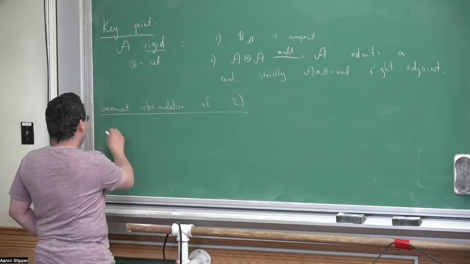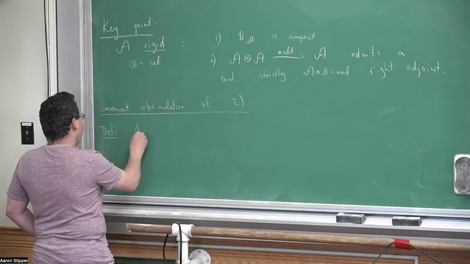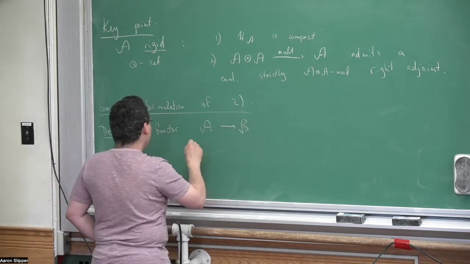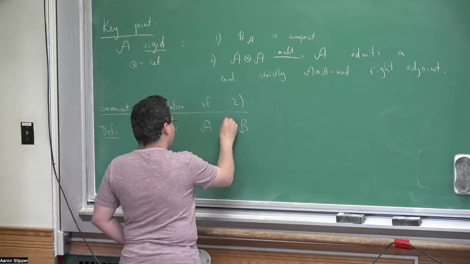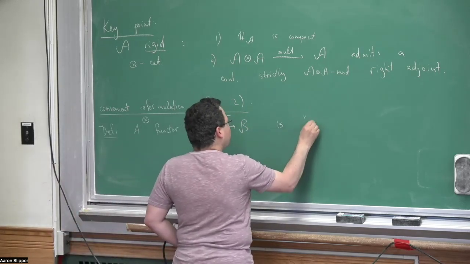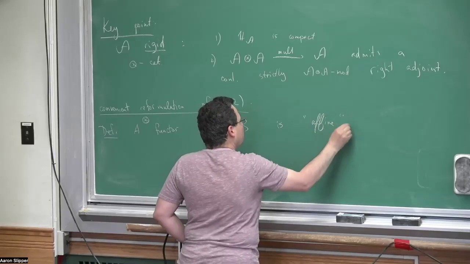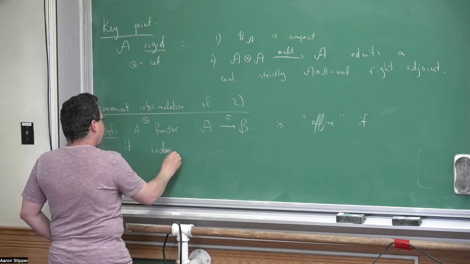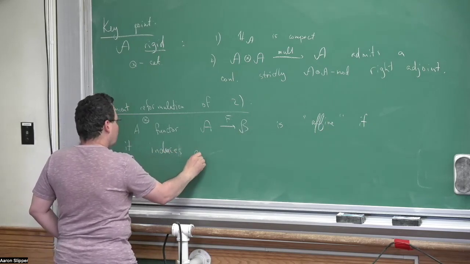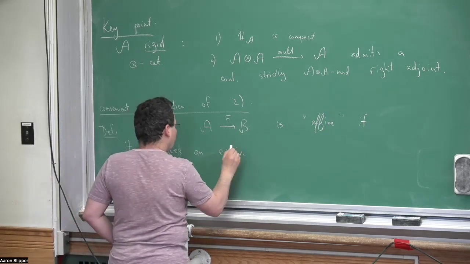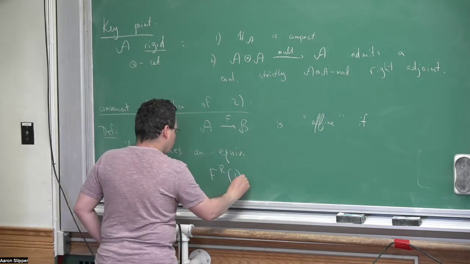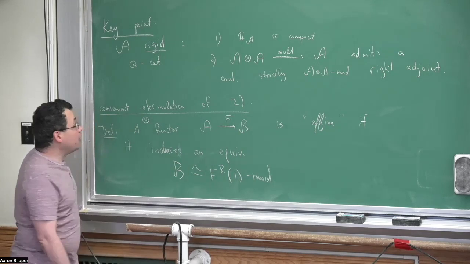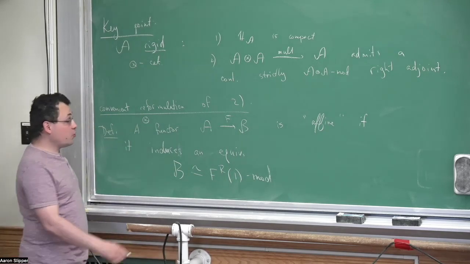So, definition: a functor F, and it could be a tensor functor, is affine if it induces an equivalence between B and, you take the right adjoint and apply it to the unit.